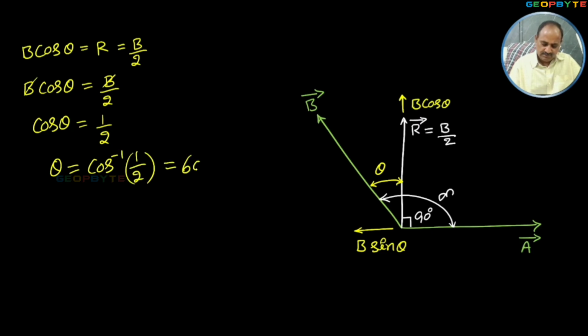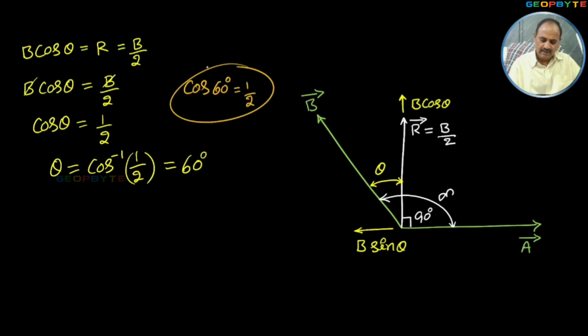Definitely it is equal to 60 degrees, because cos 30 is root 3 by 2, whereas cos 60 degrees equals 1 by 2. Here the angle is 60 degrees.